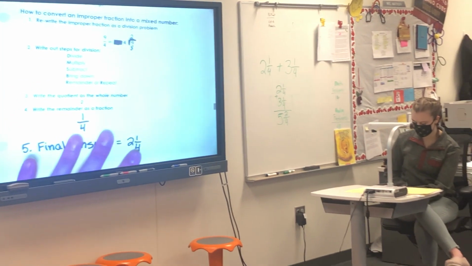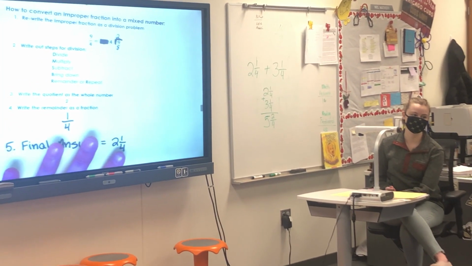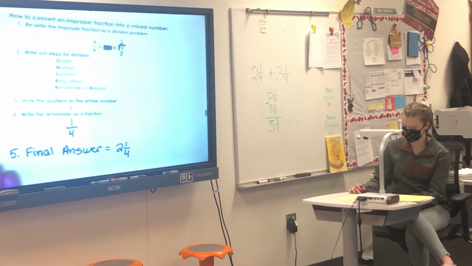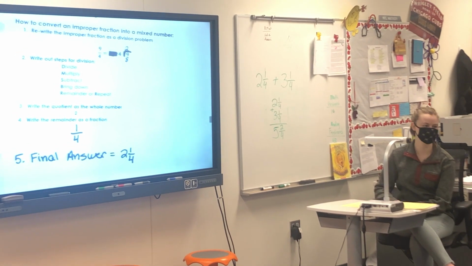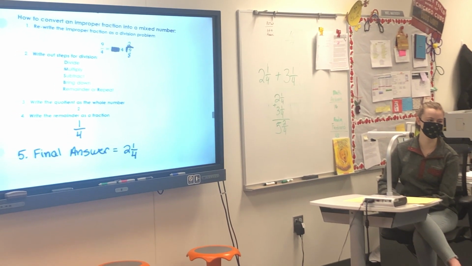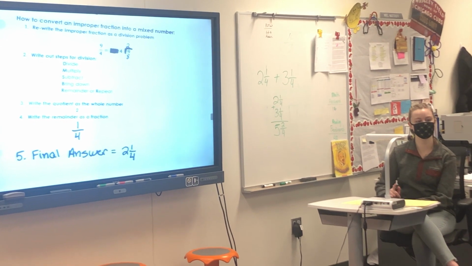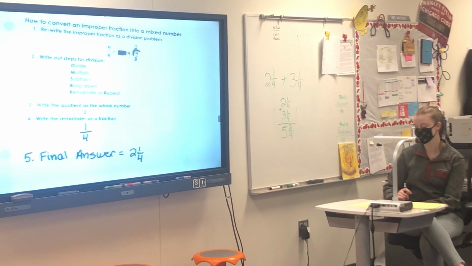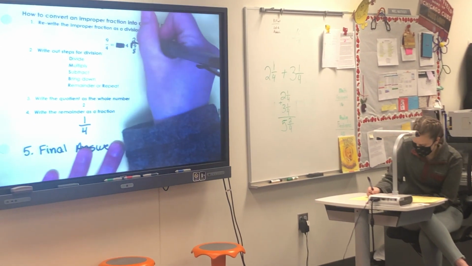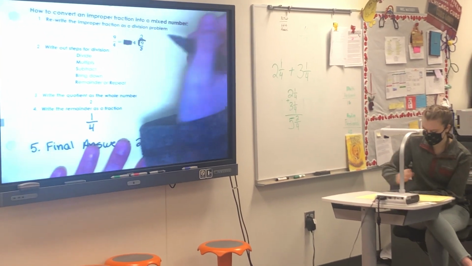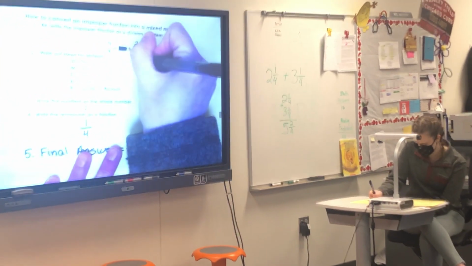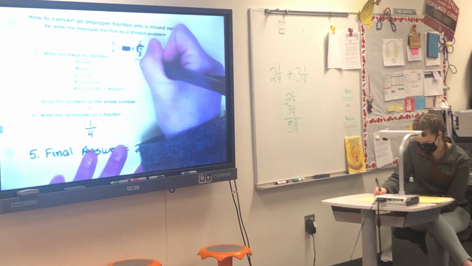There's our 8. Ariana, what do we do now? Not add. Oscar? Subtract. Very good. So we're subtracting 9 minus 8. That should give us 1.